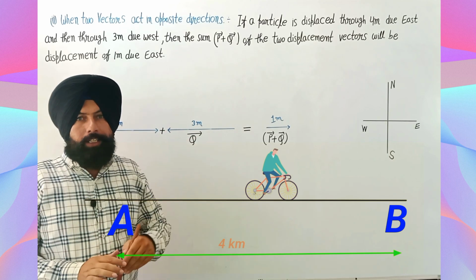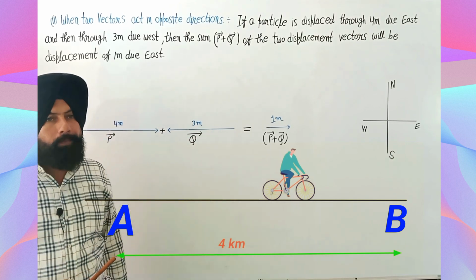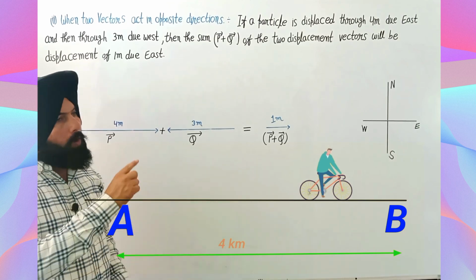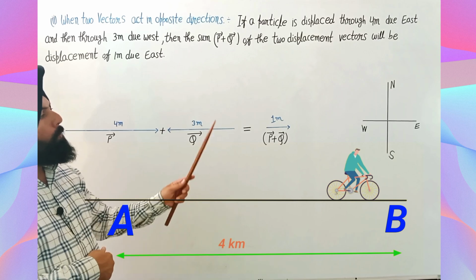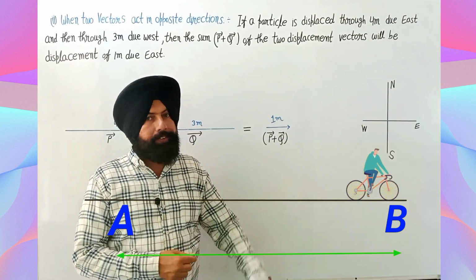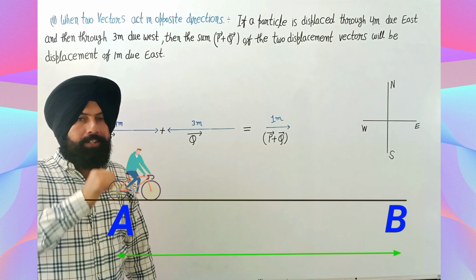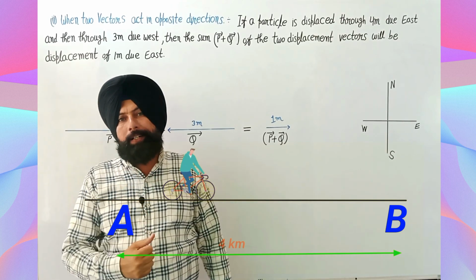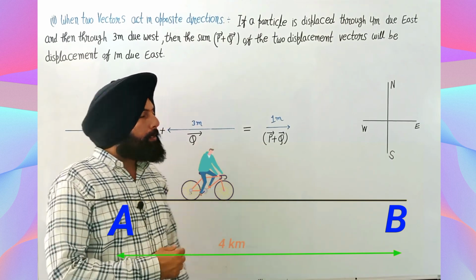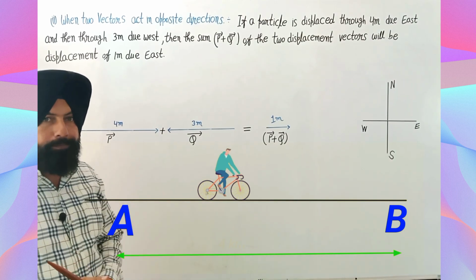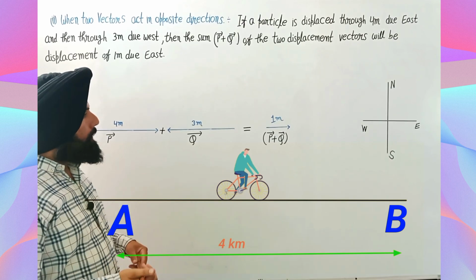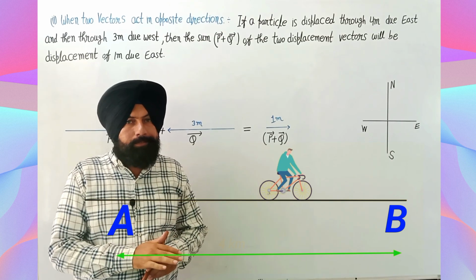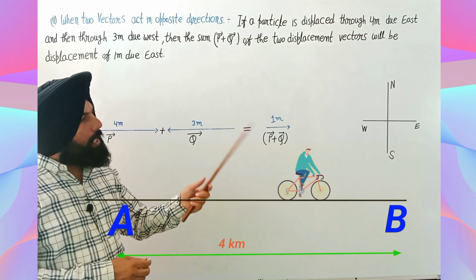Now you are looking on the screen a person in the first step going on cycle from west to east. It covers 4 meter. This displacement we represent by P vector. Now in the second journey, the person returns back.